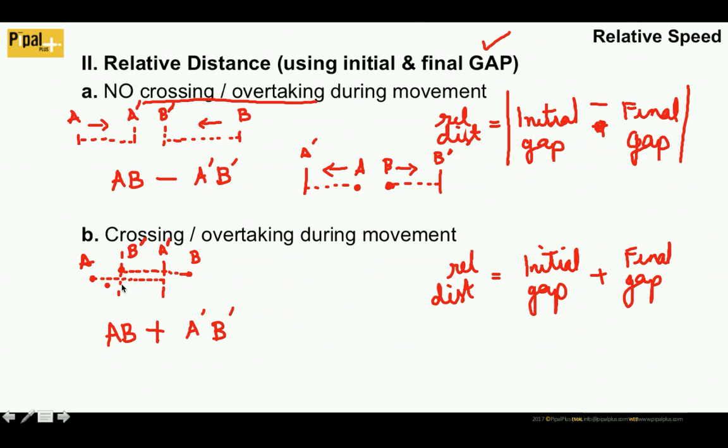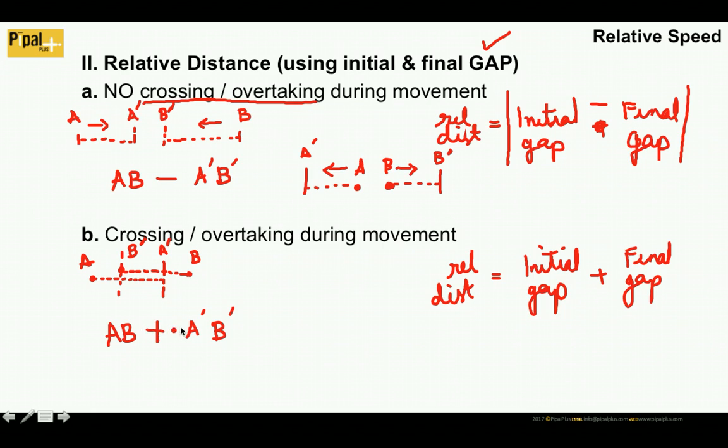Now if you notice these dotted lines, and if you remember what we've just discussed in the previous slide where we talked about measuring the relative distance using the absolute distances, you would notice that AB plus A dash B dash is exactly equal to the sum of distances that they've covered, right?